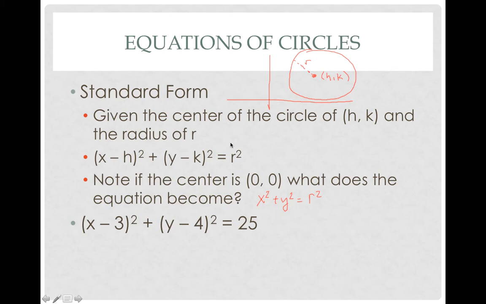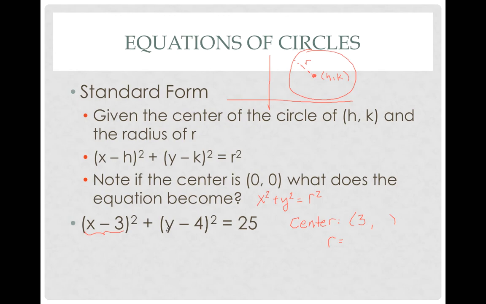So if I was to give you an equation like this, we hope to be able to pick out what is the center and what is the radius. And here's how I usually just help people out when they don't understand this h, k thing. The center is basically what makes this piece 0. Well, if I plug in an x equals 3, 3 minus 3 is 0, which means the positive 3 is my x coordinate of my center.